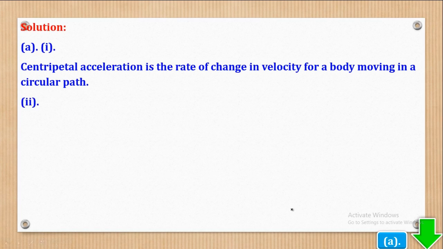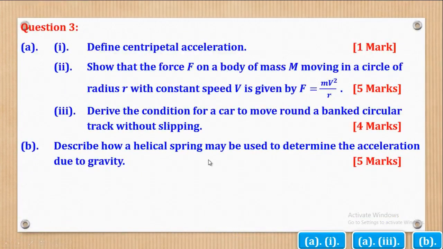So that was Roman 1. What about Roman 2? Roman 2 says, show that the force F of a body of mass M moving in a circle of radius r with a constant velocity V is given by F equals mv squared over r.